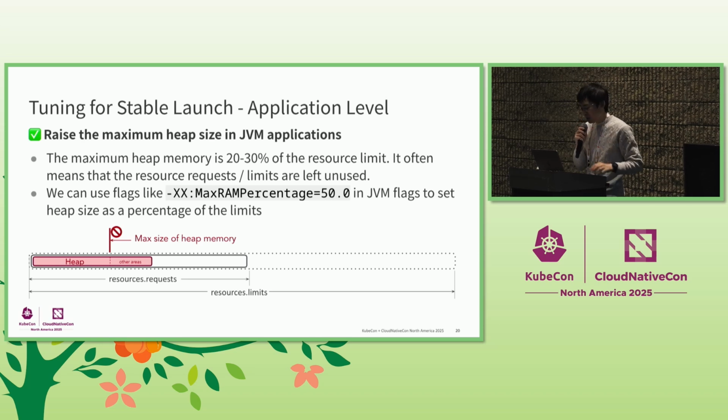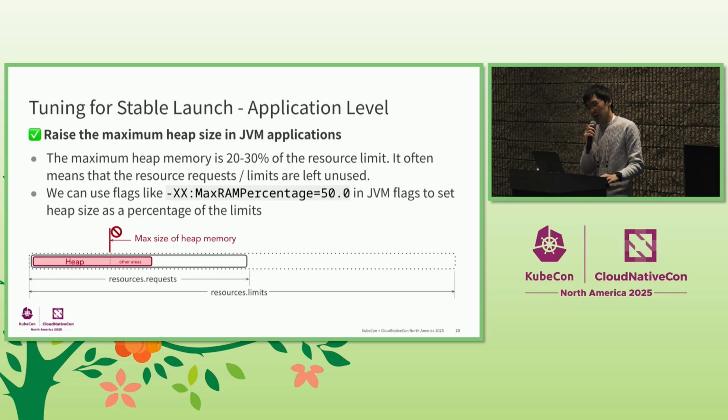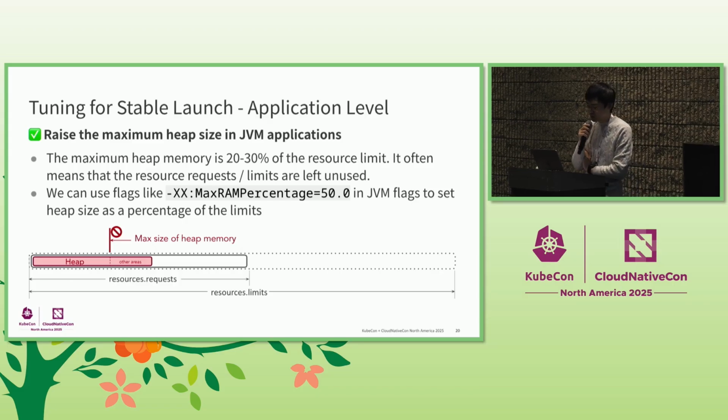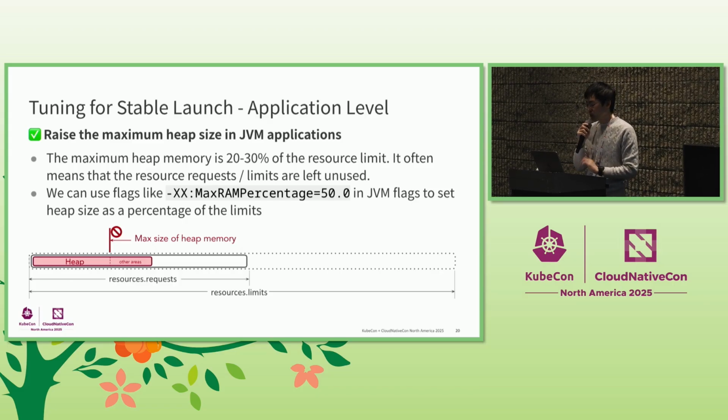So I recommend increasing this percentage. If you add the configuration shown in this slide, the maximum heap memory will be set to 50% of the limit. By the way, some container build tools like Paketo Buildpacks perform this kind of tuning during the container build process.